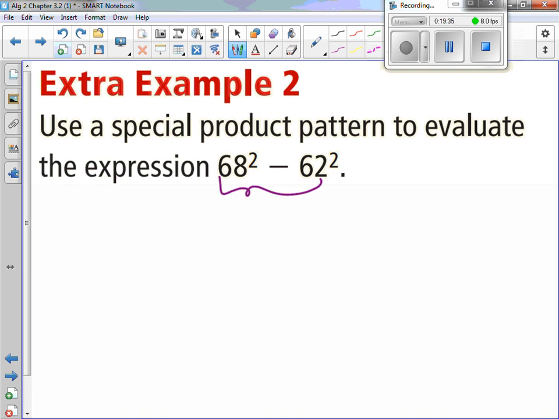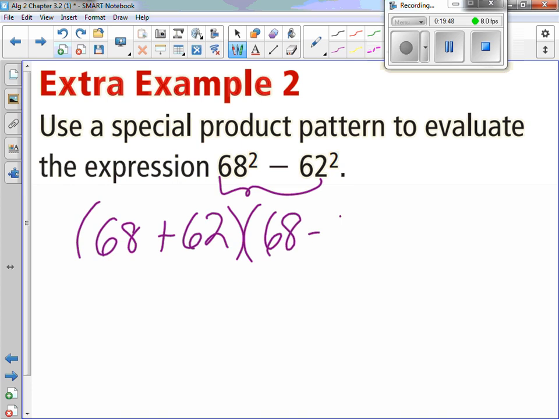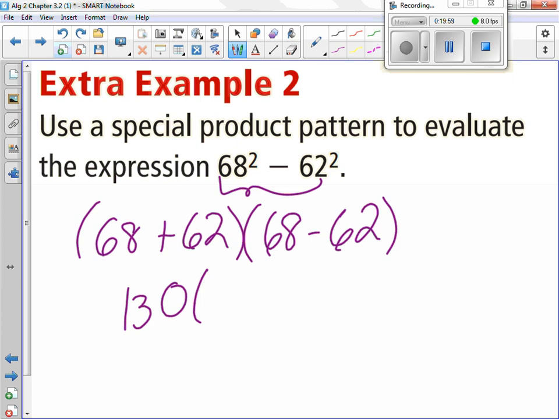The way of doing this with a plus b times a minus b, which for this problem would be 68 plus 62 times 68 minus 62, is if you weren't allowed to have a calculator or you didn't have one. Because it'd just be 130 times 6, which would give us 780.